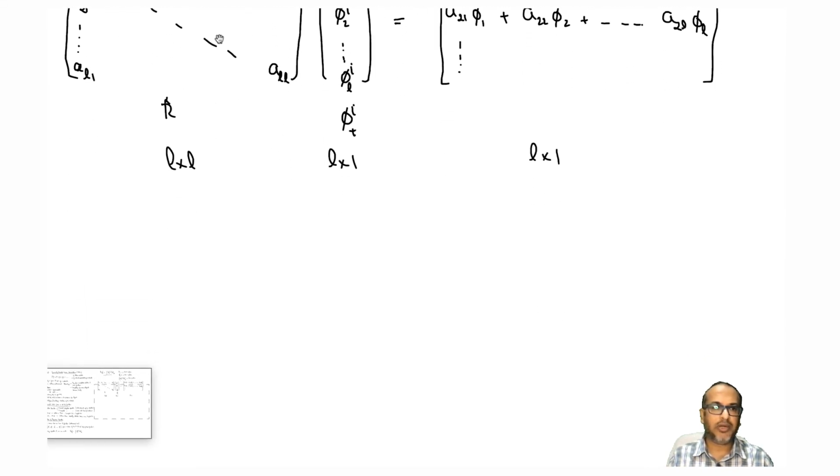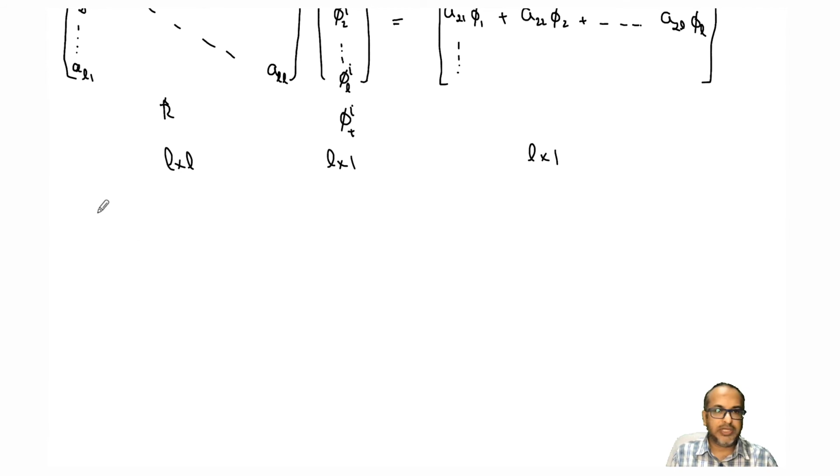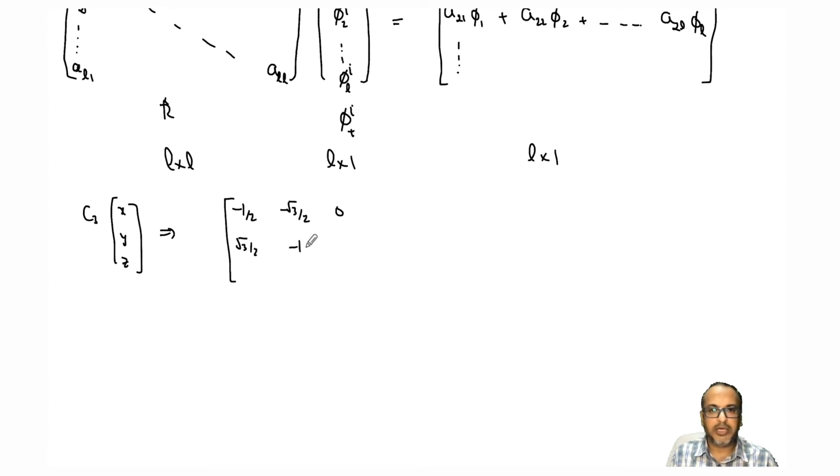So for example, when I do a C3 operation onto X, Y, Z, we have seen what it means. The matrix representation for a C3 operation is, we have seen how to write this, right? Minus half, minus root 3 by 2, 0; plus root 3 by 2, minus half, 0; 0, 0, 1.